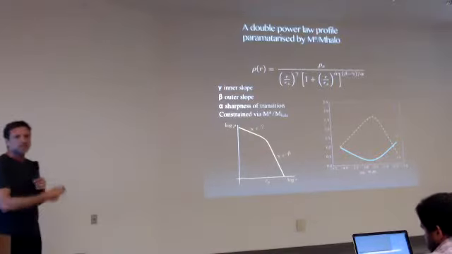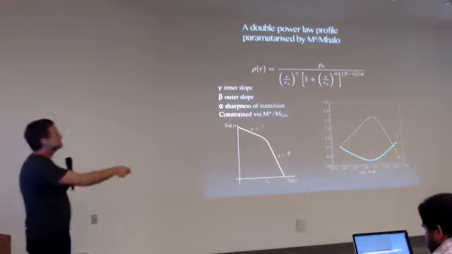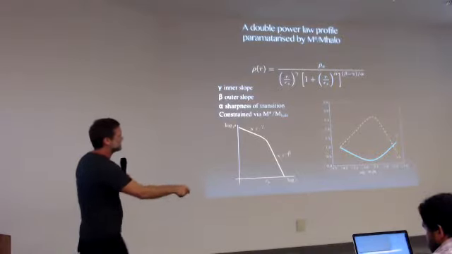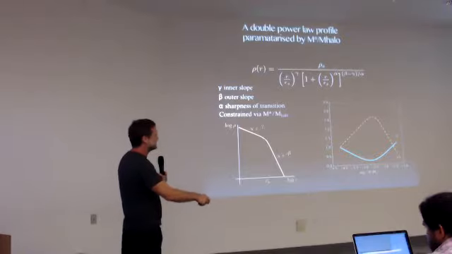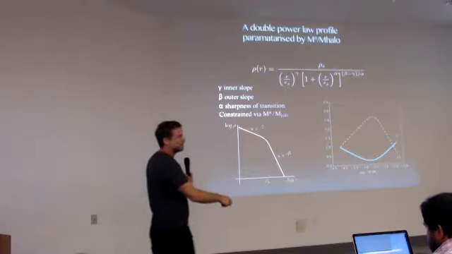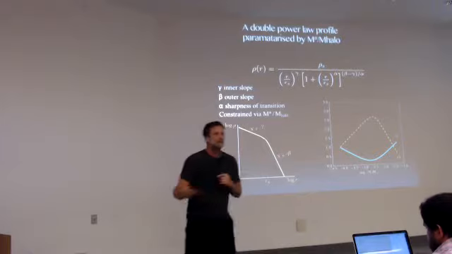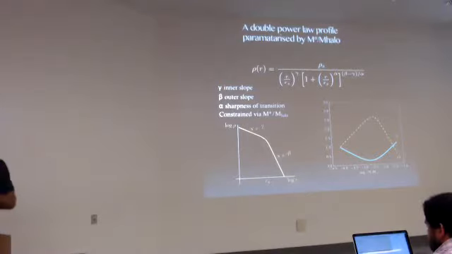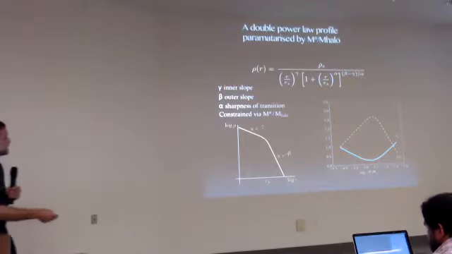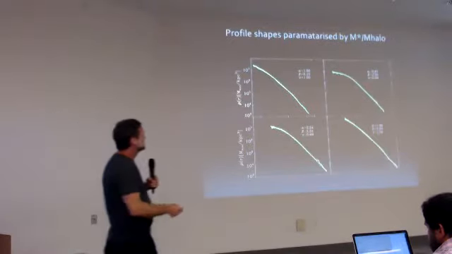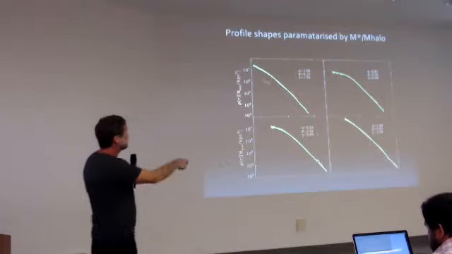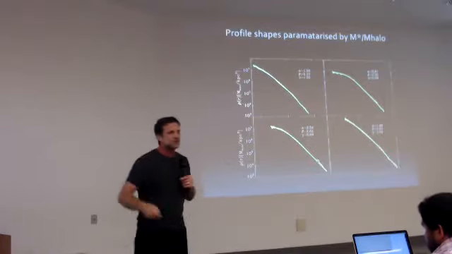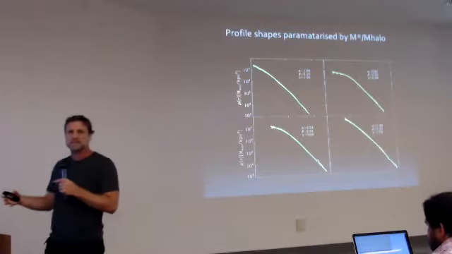And this is what we do. We mimic the same double power law profile, but now we're parameterizing each of these parameters, beta, gamma, and alpha, as a function of M star over M halo, as taken from the simulations. So basically, we fit dark matter profiles to our simulations using a really simple parameterization.